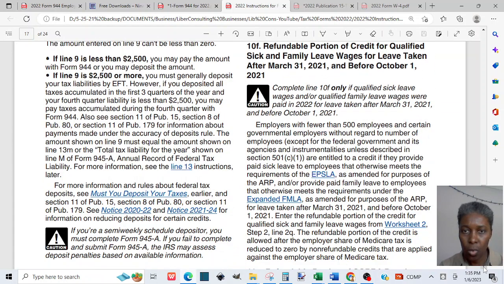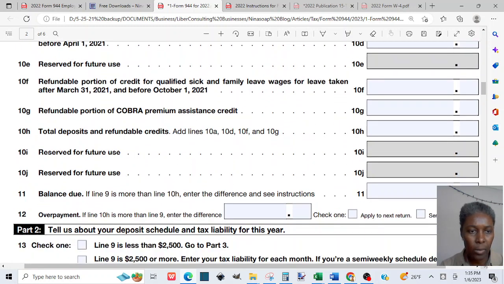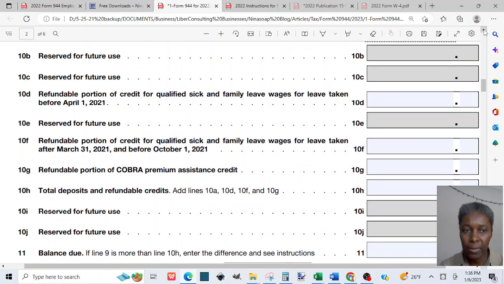You can see they go through it and they have the refundable portion as well. In our case, it's going to be left alone. Line 10G, refundable portion of COBRA, we leave it alone. Total deposits and refundable credits is line 10H, which is the total of line 10A, line 10D, line 10F, and line 10G.